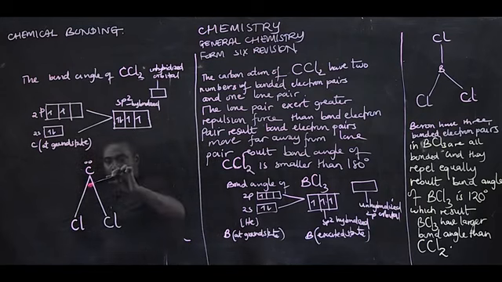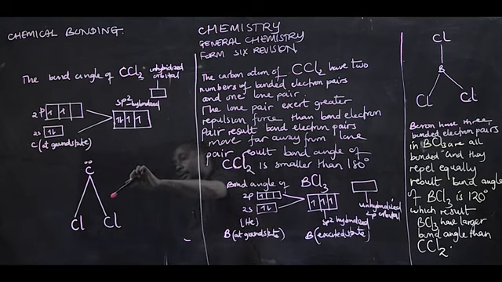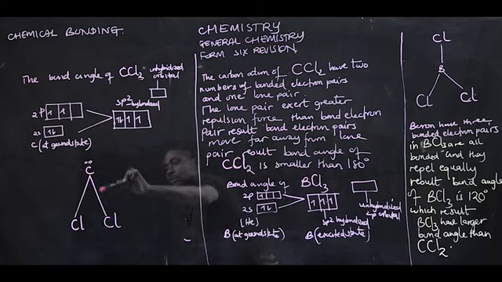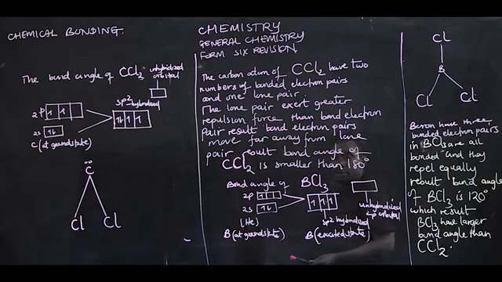That movement of the two bond electron pairs results in the bond angle of carbon having two chlorine being very, very small, which is almost smaller than 180. But for boron combined with the three atoms of chlorine, or boron trichloride, boron is the central atom.